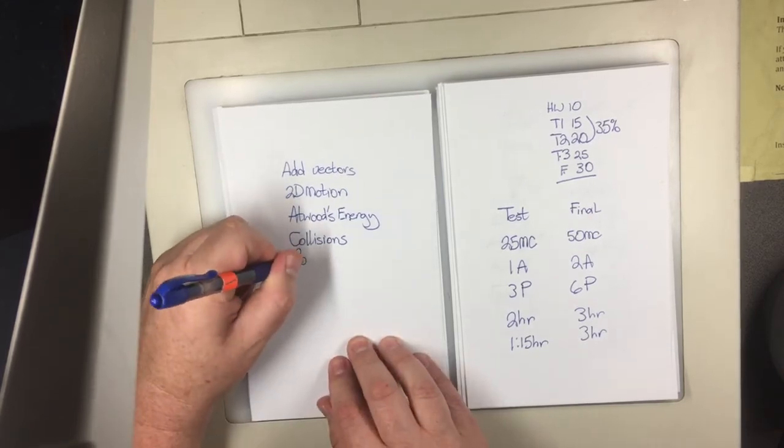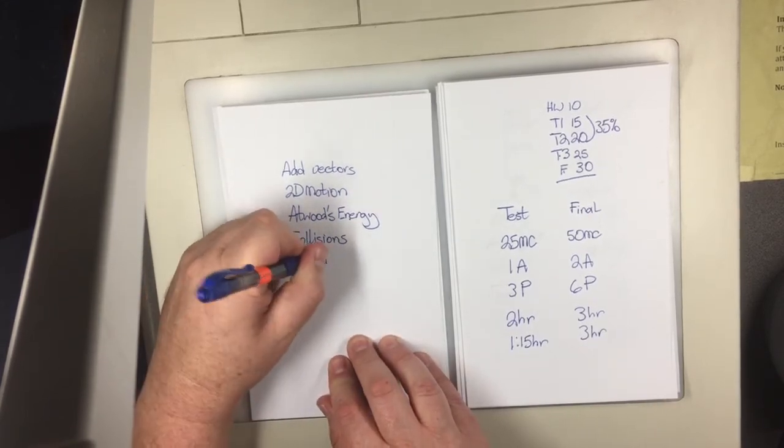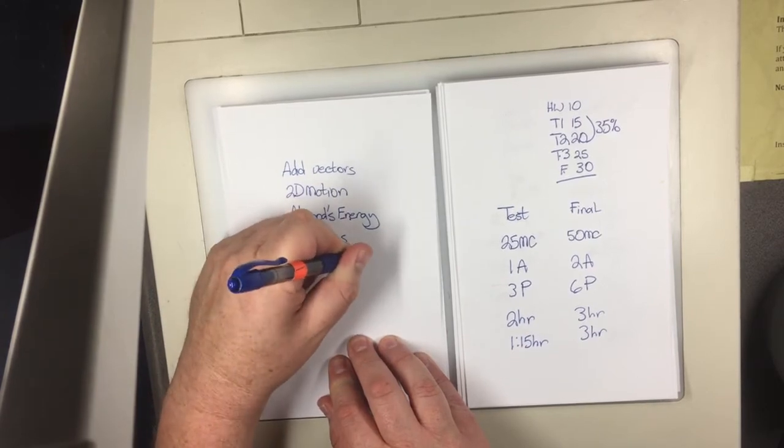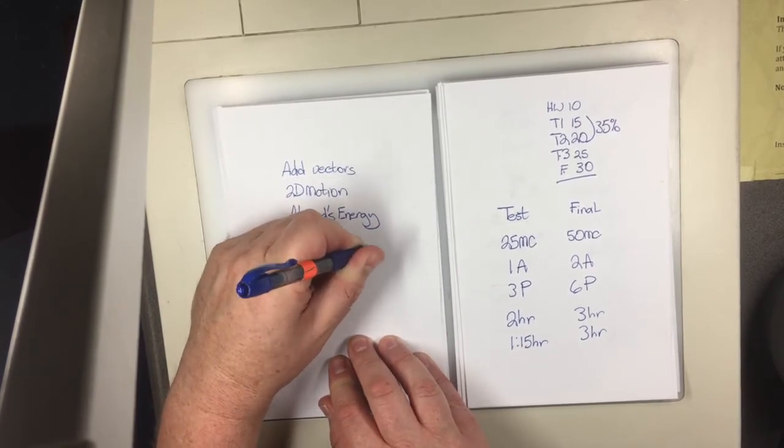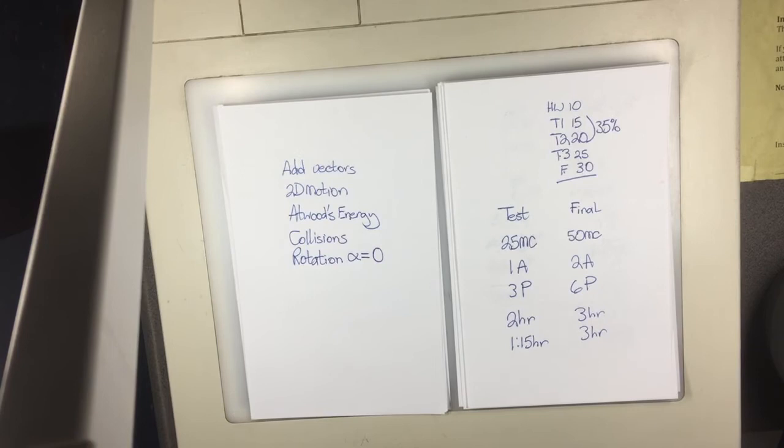You've got rotation, alpha equals 0, because we did alpha not equal to 0 on that. That's 5 problems. I still have to include a problem from test 3, so there may be a fluids problem, probably another fluids problem.